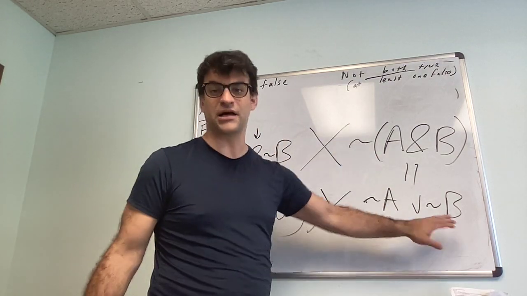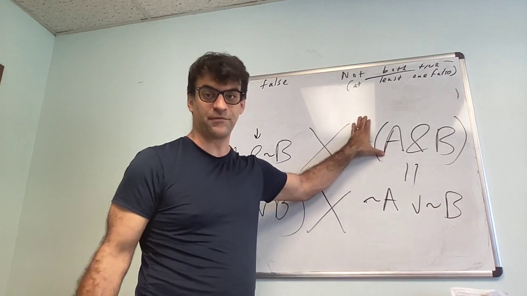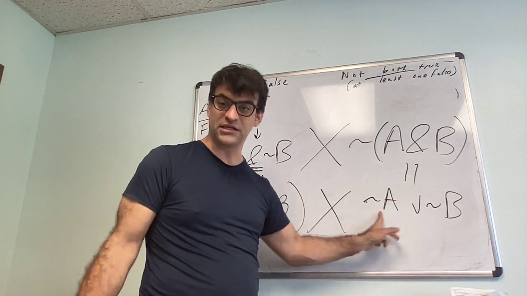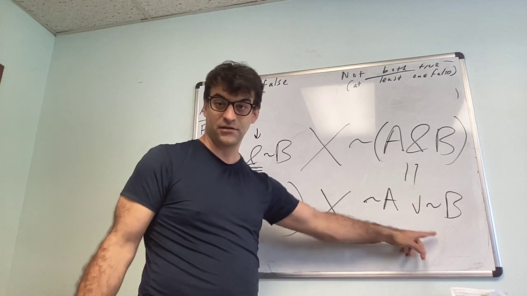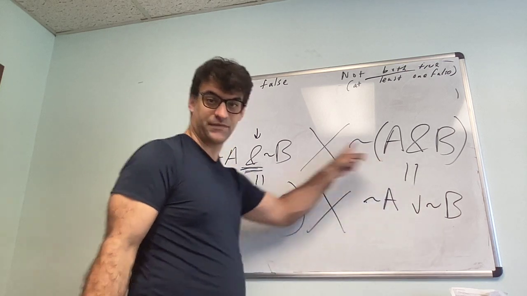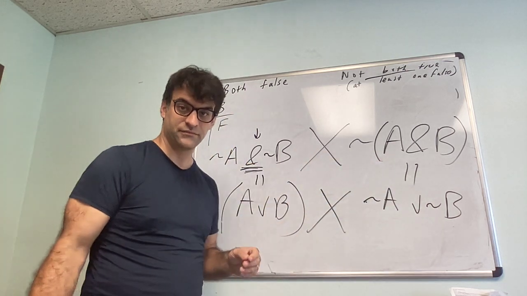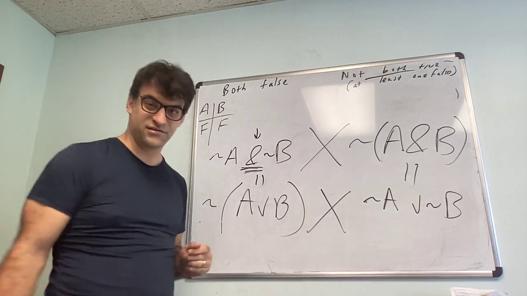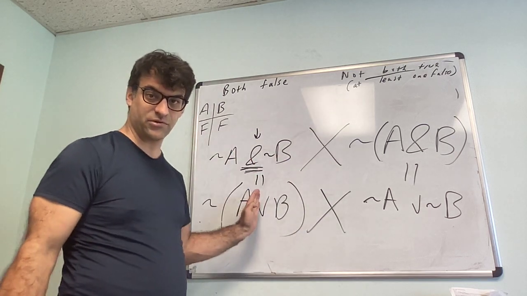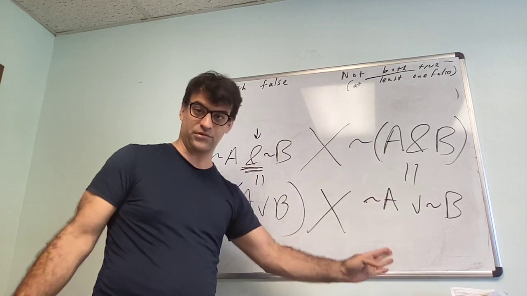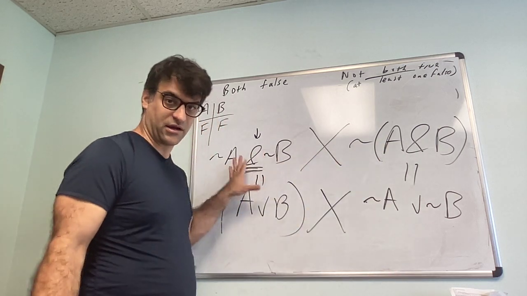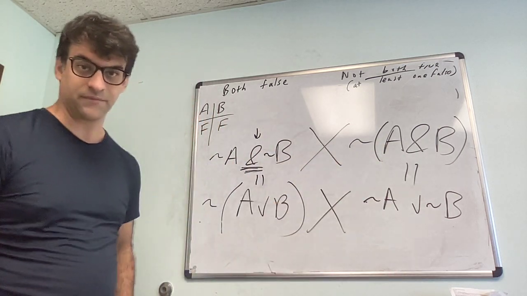No. Either Ann is not here or Bob is not here. Are both of them here? No. At least one of them is not here. So these are equivalent. These are not, and these are not. Hopefully you see these are not. These are equivalent with each other. These are equivalent with each other. None on the left are equivalent with the right.